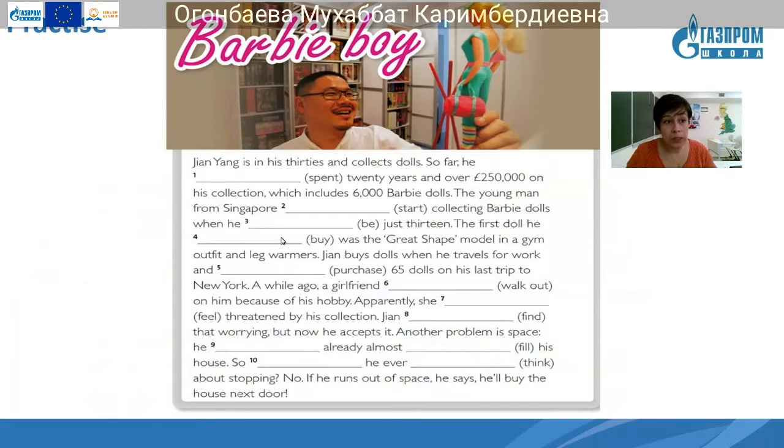Right, so this is the practice now. Page 22, Barbie girl. We have to complete the text with present perfect or past simple using the verbs given to you in brackets. You see? You can open your books. I give you a few minutes to do it.